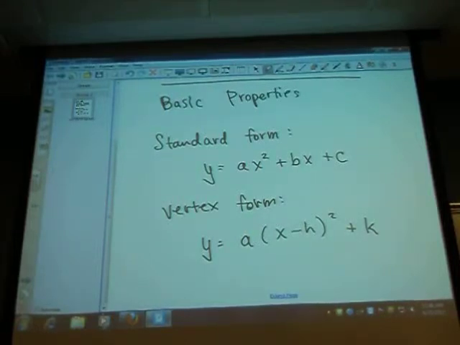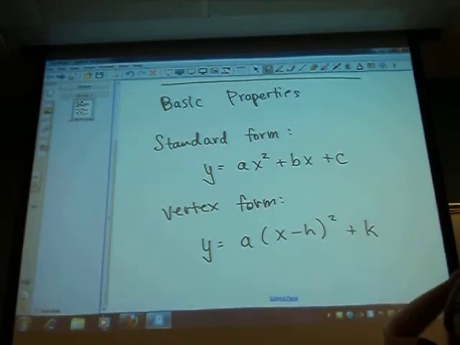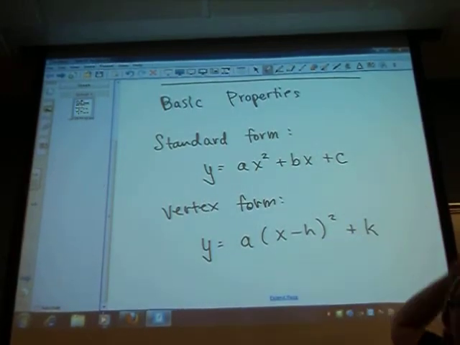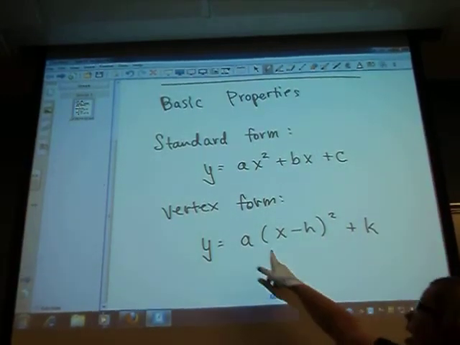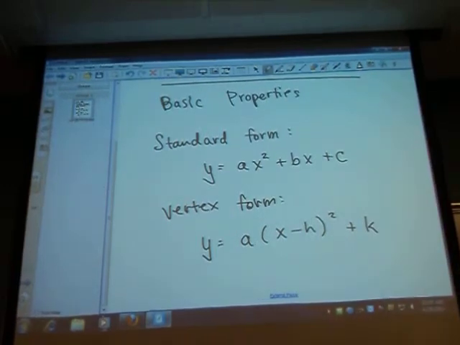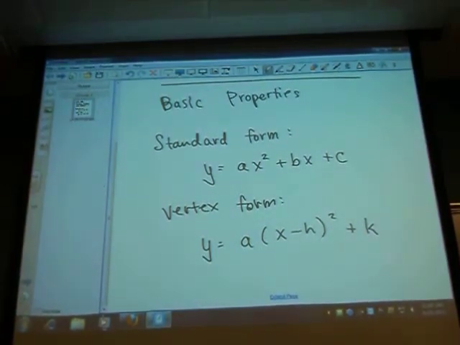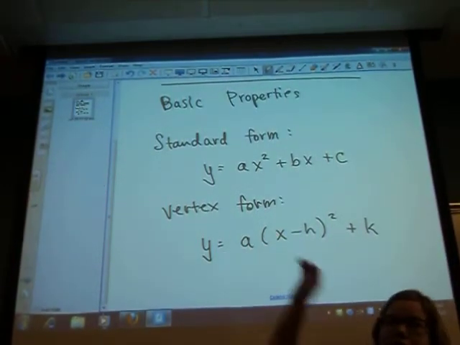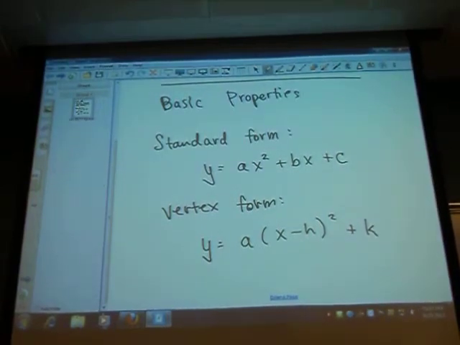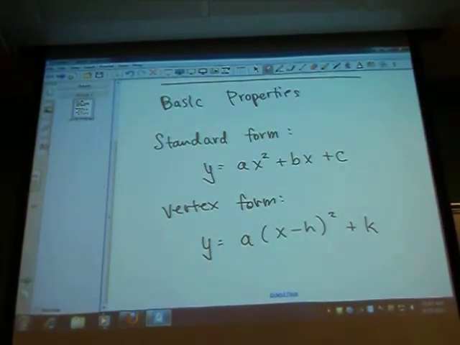You have probably seen the standard form before, but you might not have seen the vertex form. They use different letters, h and k, just to say these are not the same as b and c. But a is the same number. If you have a in one equation, it'll be the same a if you write the equation in this other form.